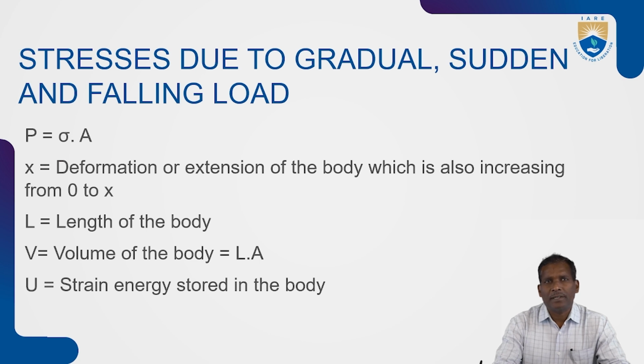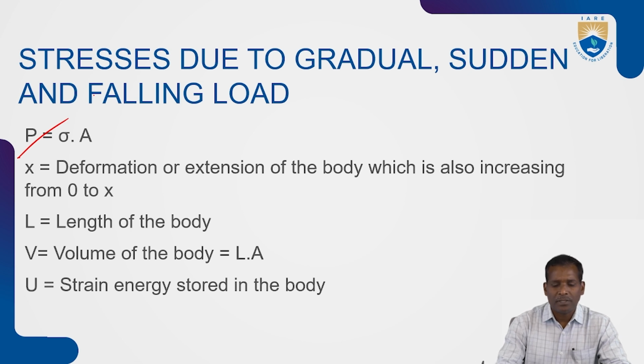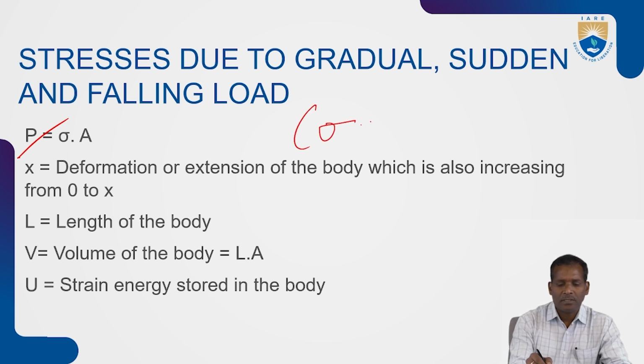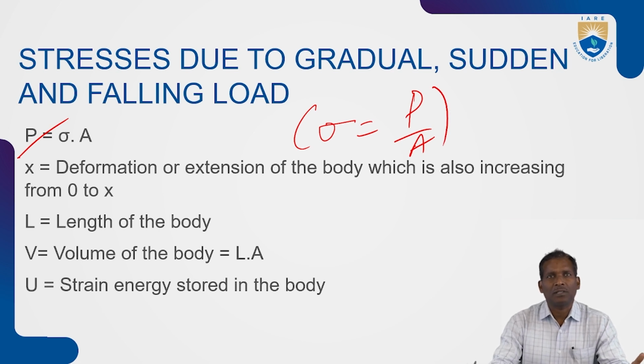Now calculate: load is equal to stress multiplied by area. Already you know stress is equal to load per area. In the starting introduction session, we have seen all these equations and formulas.